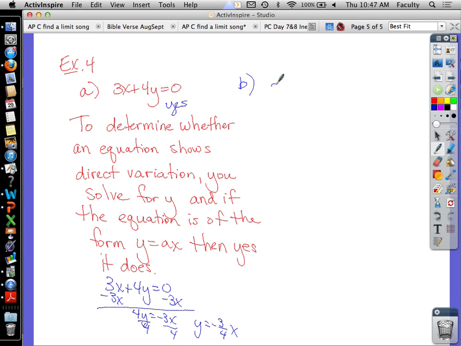All right, letter B is 2y minus 3 equals 5x. I'm going to give you a head start on me, and I want you to solve this for y and see if it's of the form y equals ax.